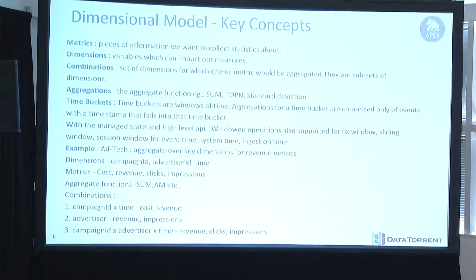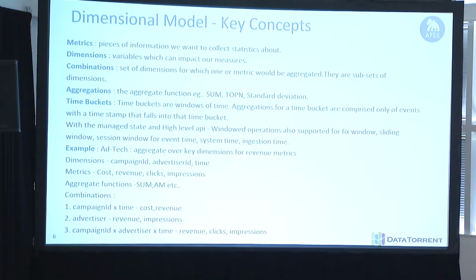Sorry, the advertiser is also a dimension like a publisher. The campaign which you're running is a dimension. Combinations, basically a set of dimensions for which you could compute one or more metrics, is essentially a combination. For example, publisher cross advertiser cross time could be a combination of dimensions.